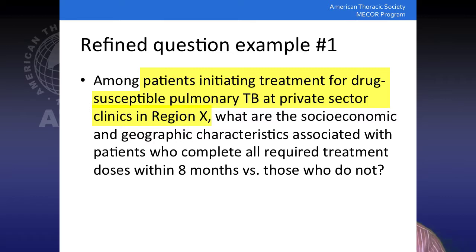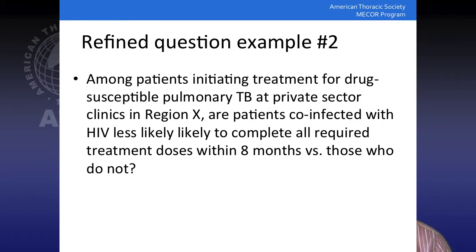So we use three or four different descriptors to clarify what our study population is. In terms of the intervention or exposure, what we're interested in here is socioeconomic and geographic characteristics. In reality, some of these can be more clearly defined, but I think in the question stage, it's okay to be a little bit broad in some areas. And then in terms of the outcome, here we've defined successfully complete treatment as completing all required doses within 8 months.